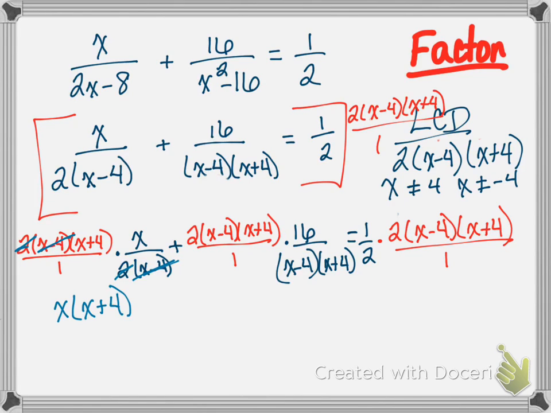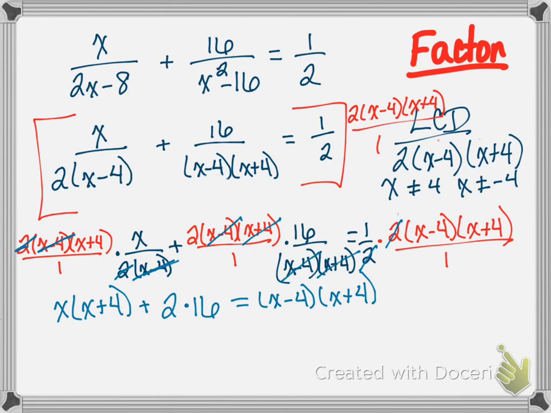Okay? Then I've got x minus 4 and x minus 4, x plus 4 and x plus 4. What am I left with here? 2 times, excellent, 2 times 16. Okay, and then our next one, my 2 cancels. So I'm left with x minus 4 times x plus 4.